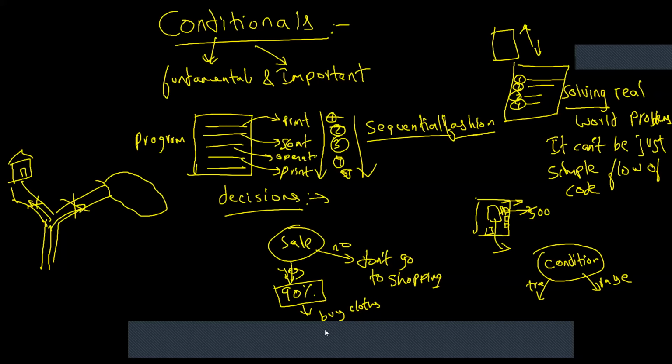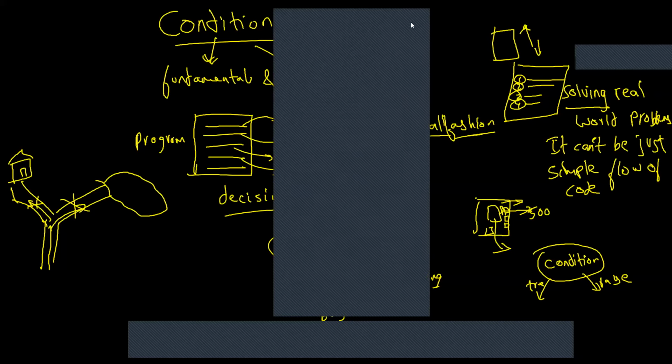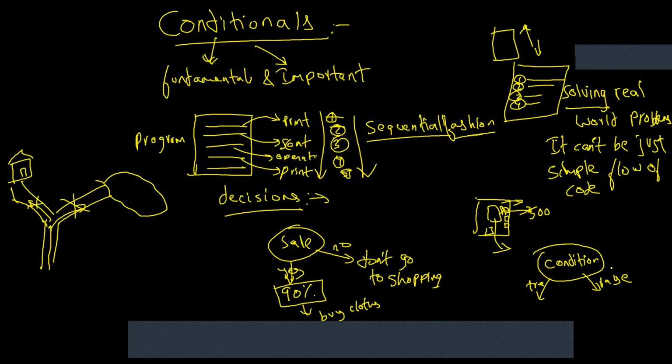And if you're trying to program to solve real life problems, you need to take this into consideration as well, right? So let me introduce you to the conditional keywords.